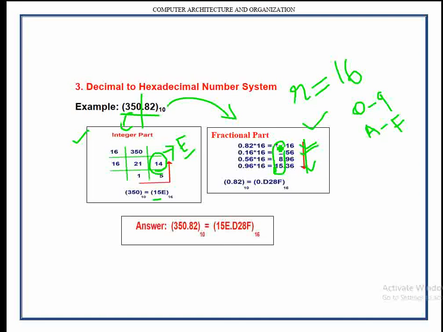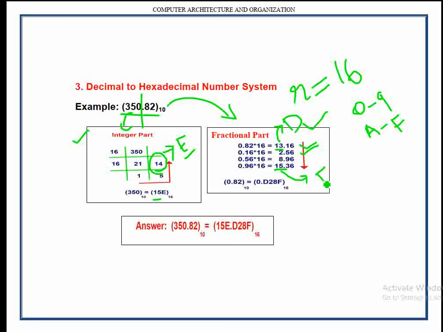Here you can observe that 13 and 15 are there, which are not defined in the set of values allowed for the hexadecimal number system. Hence we have to convert these 13 and 15 into hexadecimal digits and then accumulate the values. What is the equivalent hexadecimal value for 13? D. And what is the equivalent hexadecimal value for the decimal number 15?